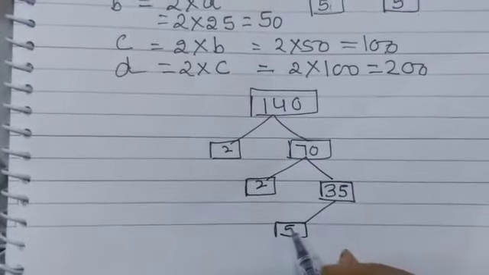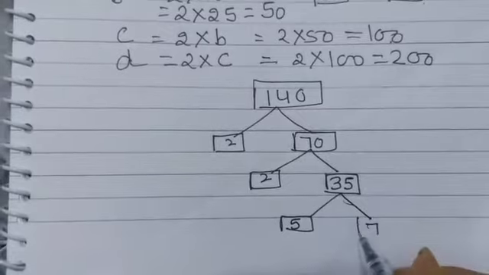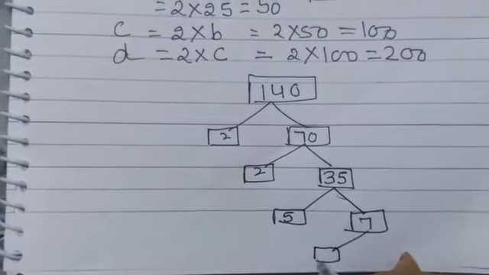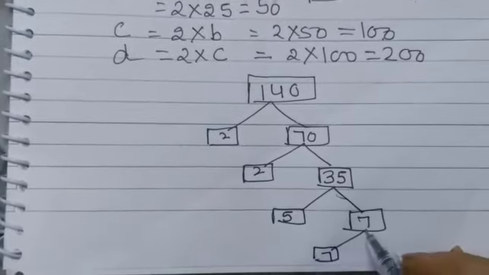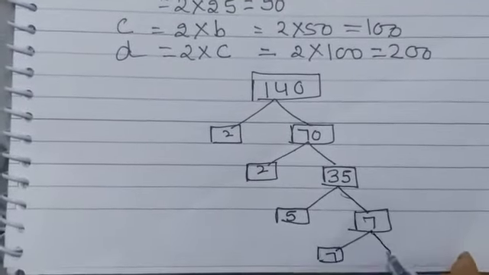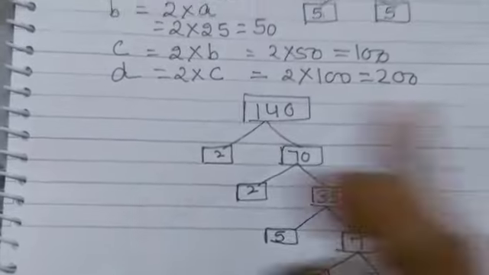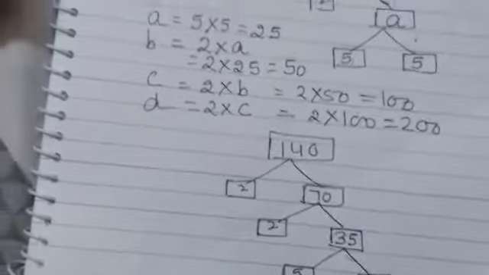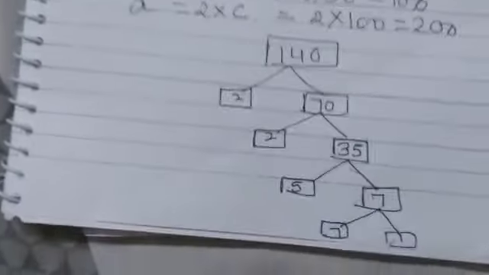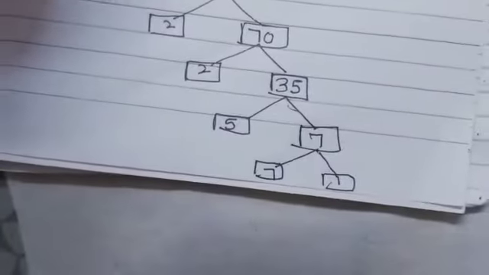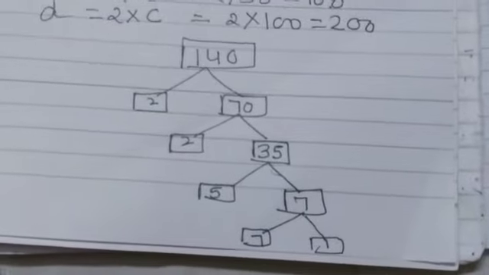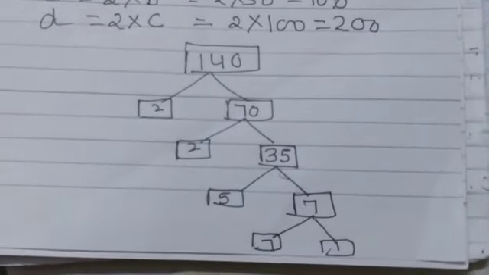How many times? 7. And 7 goes with 7. How many times? It will be 1 only. So this is said to be, as I have told you, a factor tree. Okay, clear? It's a factor tree, so you can find the factors of any number from this. Okay? Thank you, class.